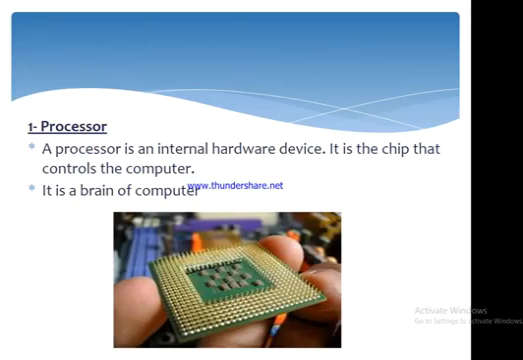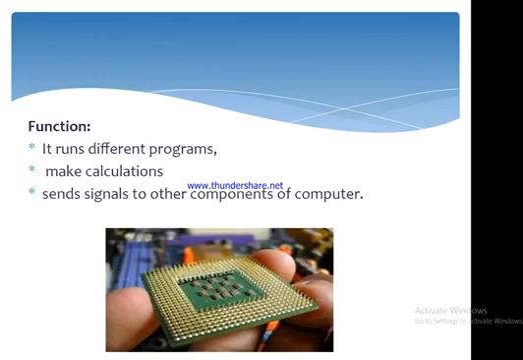Processor is found inside the casing of CPU, so it is an internal hardware device. The function of processor is it runs different programs, it makes the calculation of huge numbers, and it sends signals to the other components of computer as well to function in an effective way.